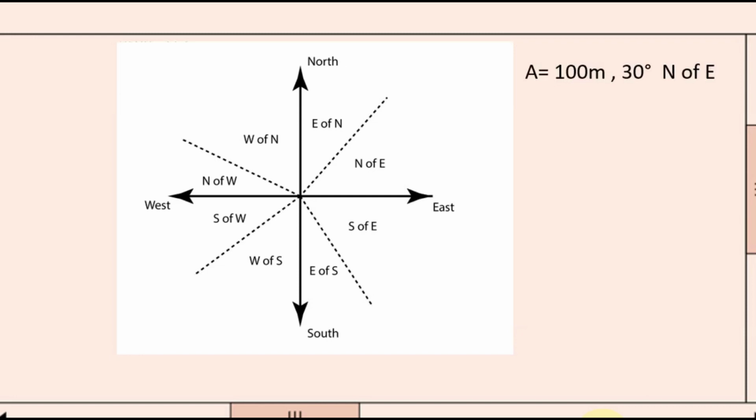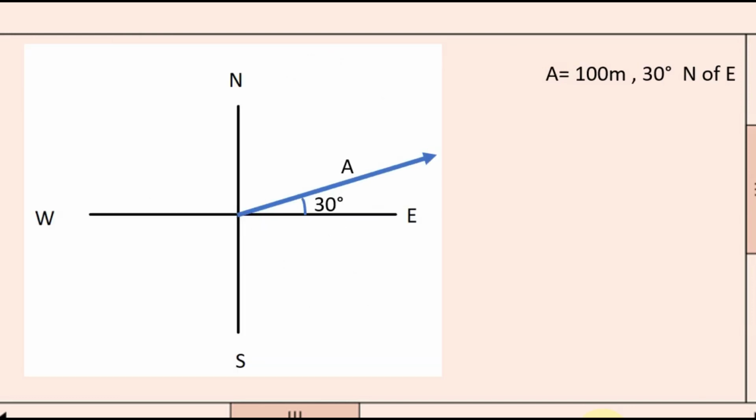Vector A is equivalent to 100 meters, 30 degrees north of east. This is where 30 degrees north of east lies. Let us find the x and y component of our vector A. To compute for the x component, we have a sub x is equal to positive A cosine theta.